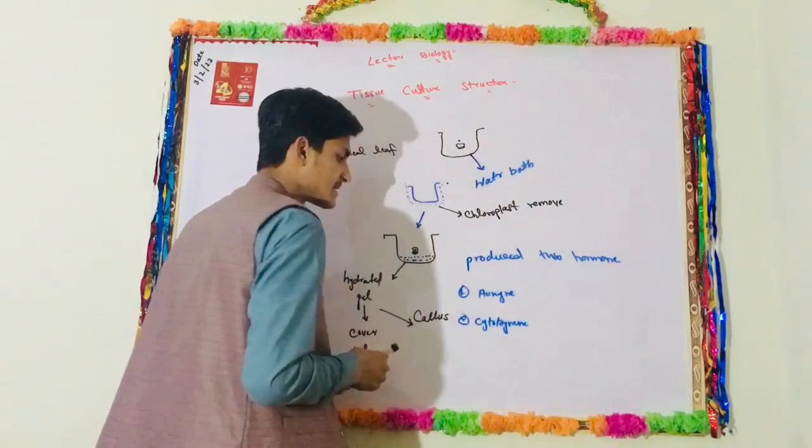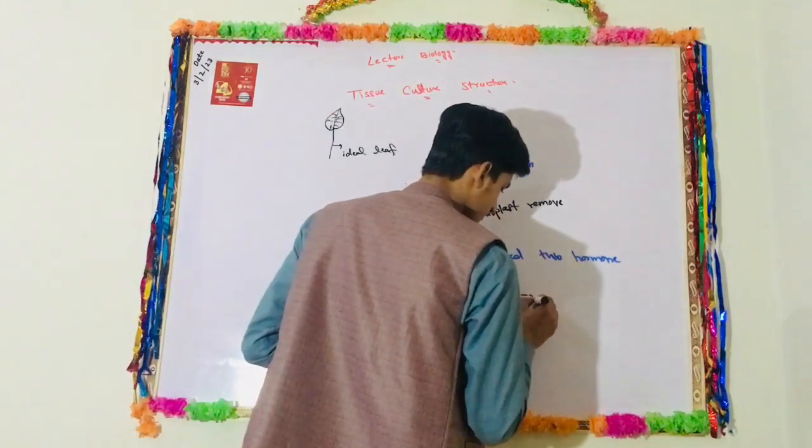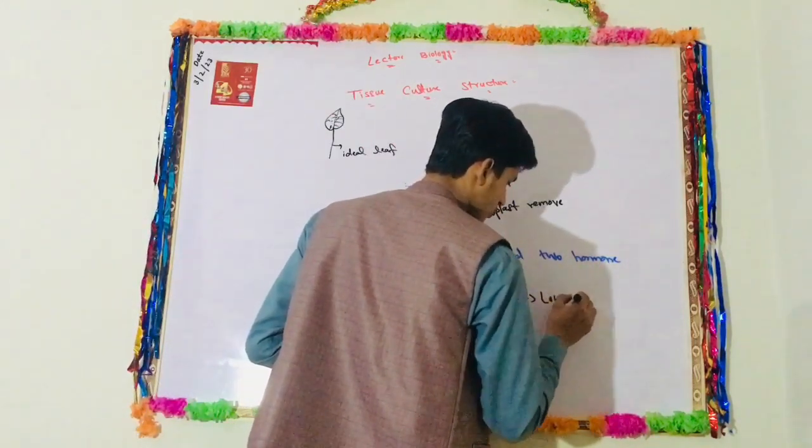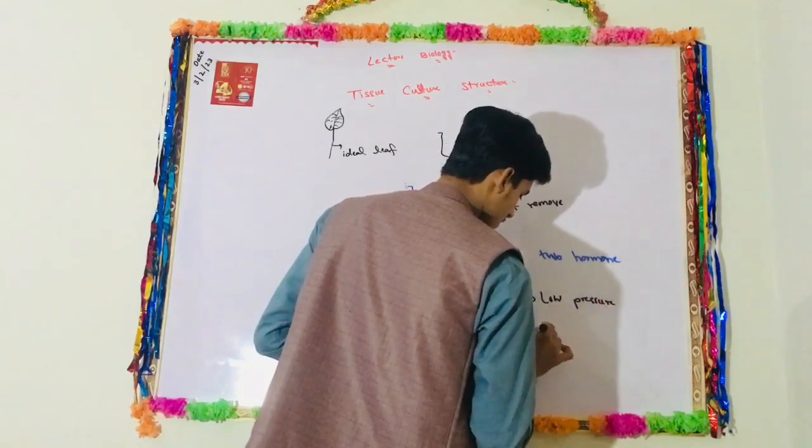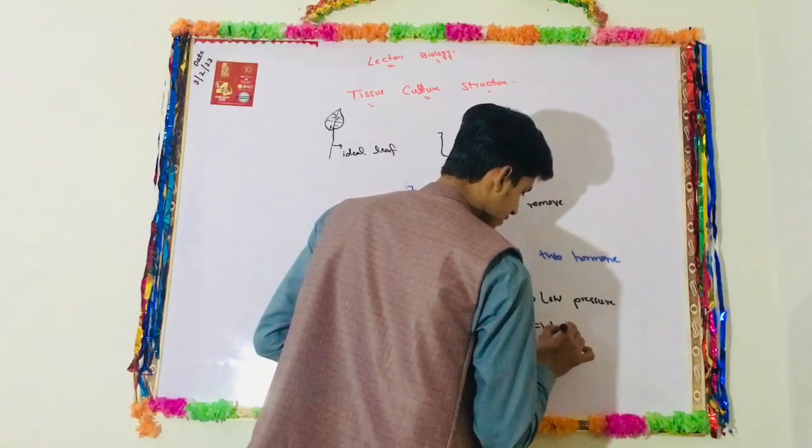Auxin is a low pressure hormone. Cytokinin is a high pressure hormone.